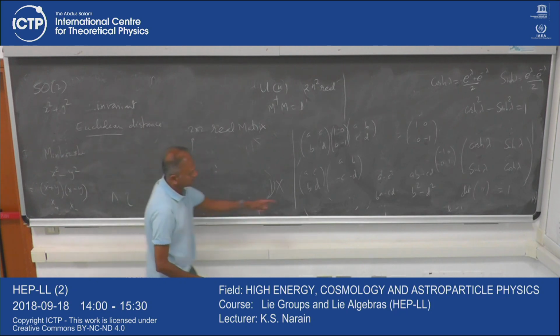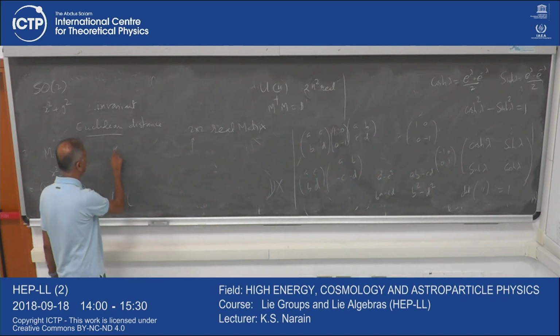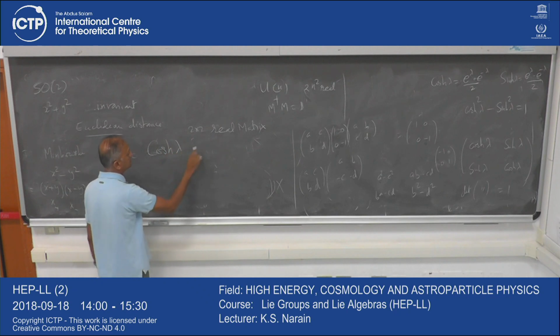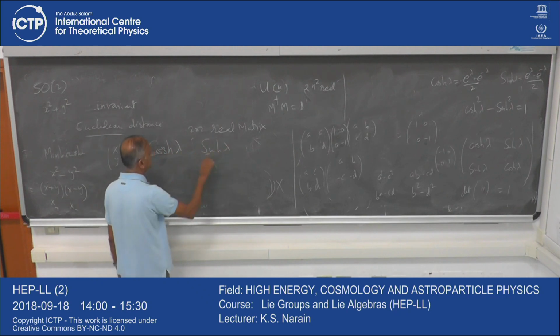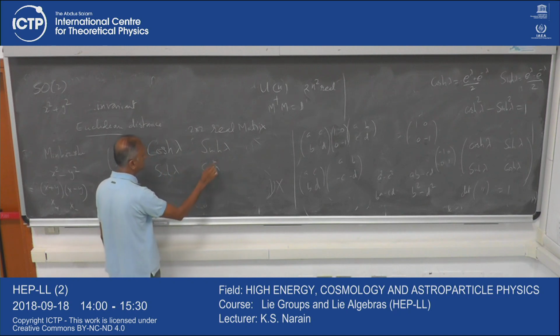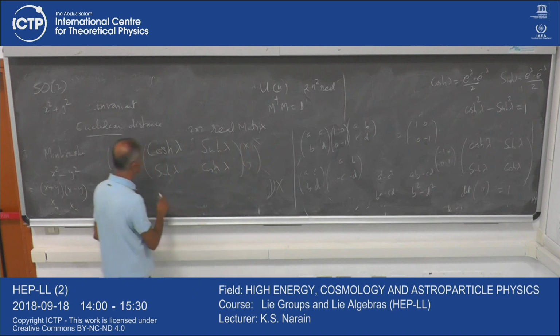Let's look at this transformation. x prime, y prime is equal to cosh lambda, sinh lambda; sinh lambda, cosh lambda, acting on x, y. So just open it up.